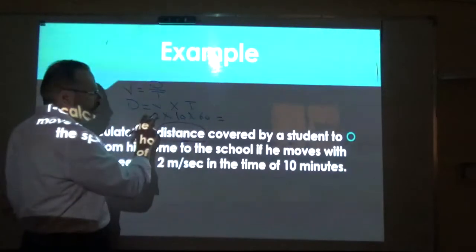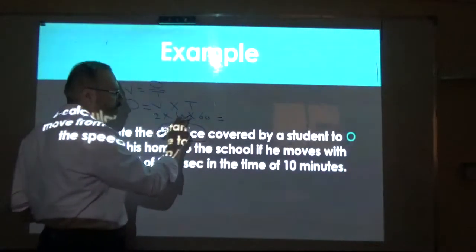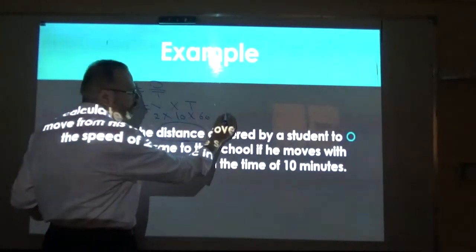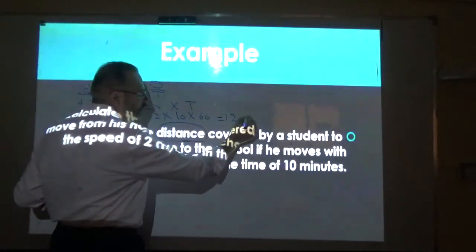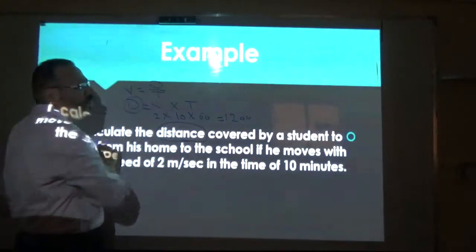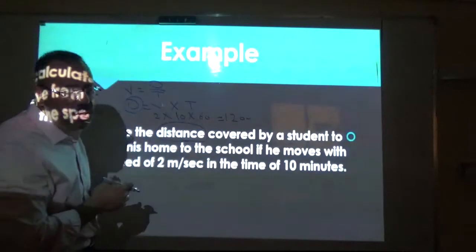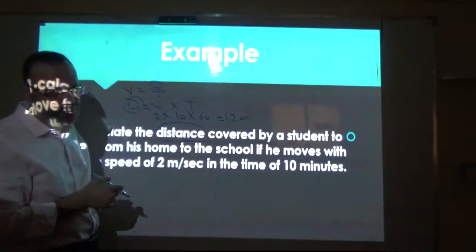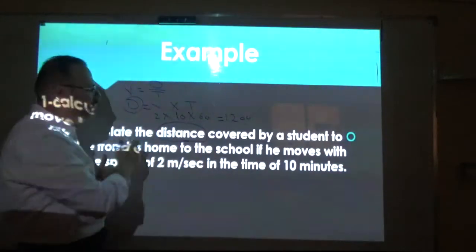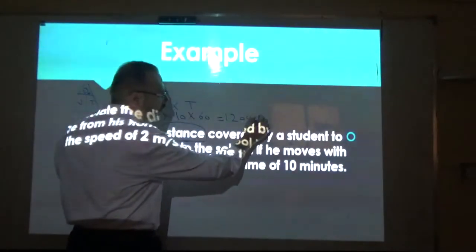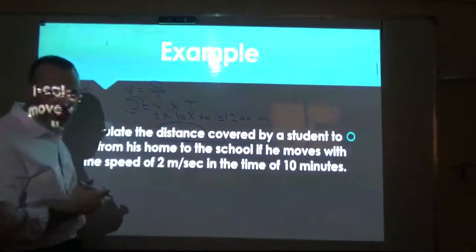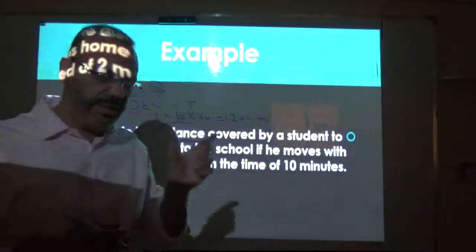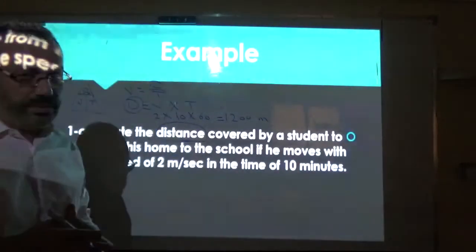By calculation, 2 multiply 10 multiply 60 equals 1,200. This is the distance. What is the measuring unit of distance? Meter or kilometer? In this problem, we use meter. So the distance equals 1,200 meters. This is an example for speed.